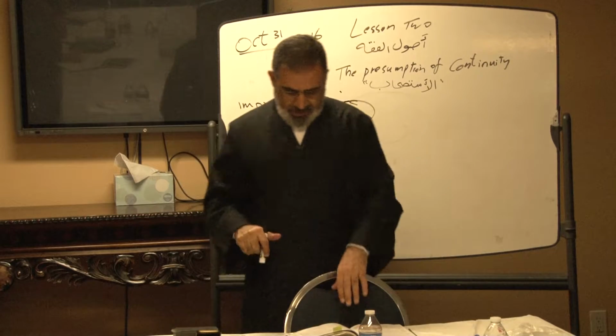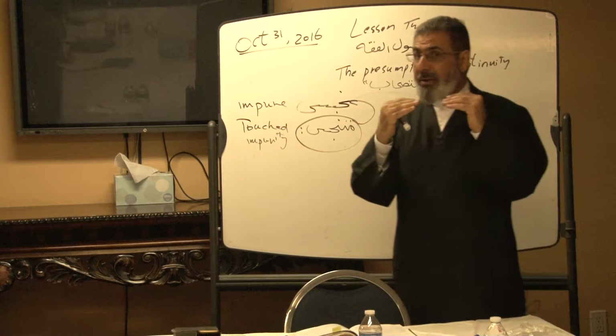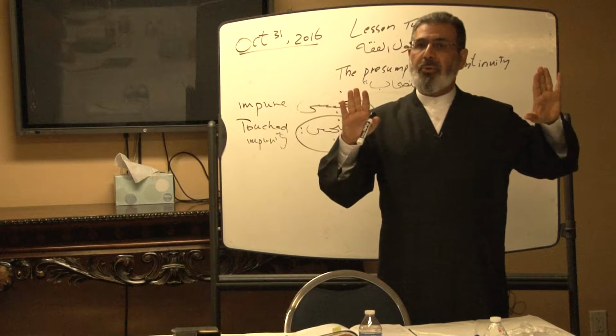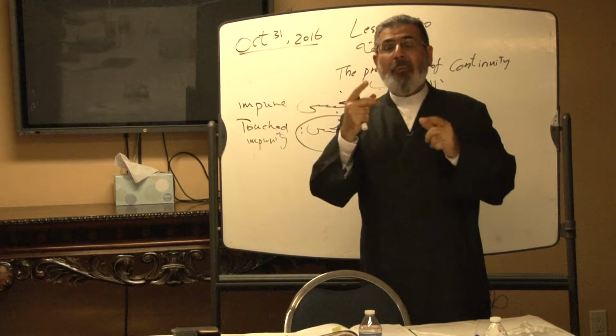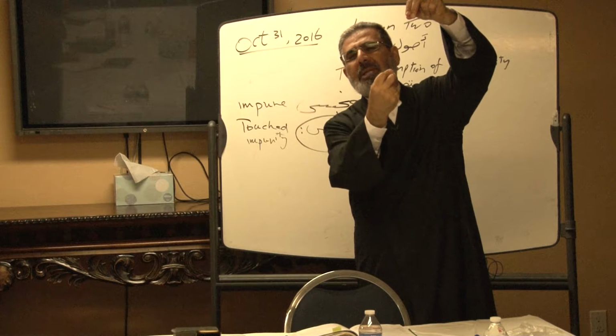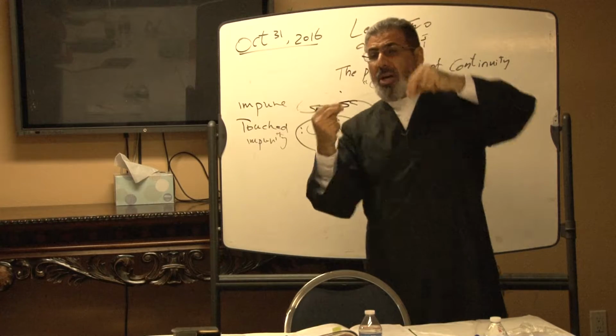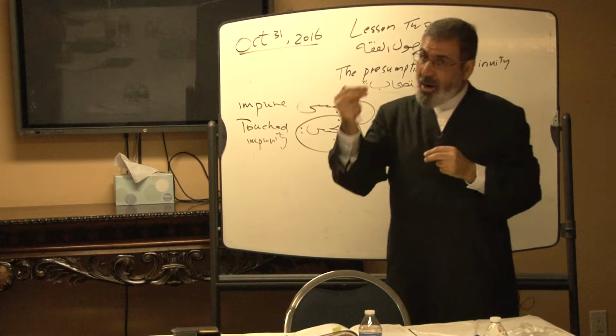So in this case, we apply istishab. We say, I knew that the water definitely was pure, for certain, for sure. Now I have doubt whether this pant or this dress or this piece of cloth, when it touched it, did it contaminate the water or not?